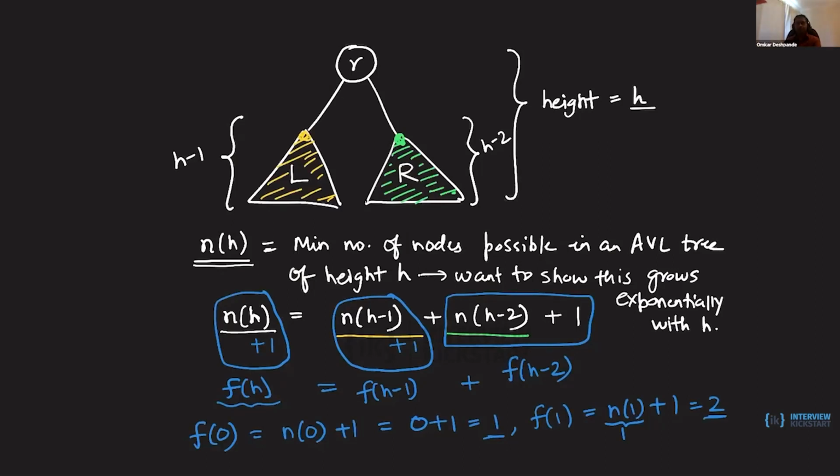You can think of any tree that has a property that the absolute difference in the heights for any node is less than or equal to 1. So that property is independent of the search property.